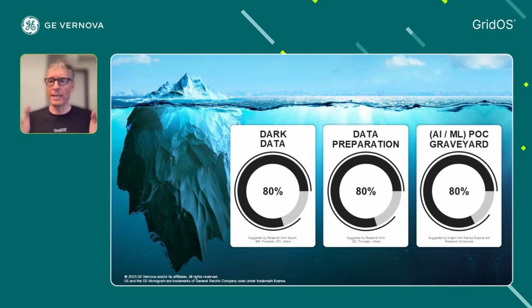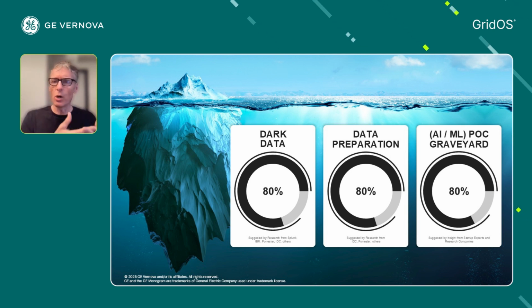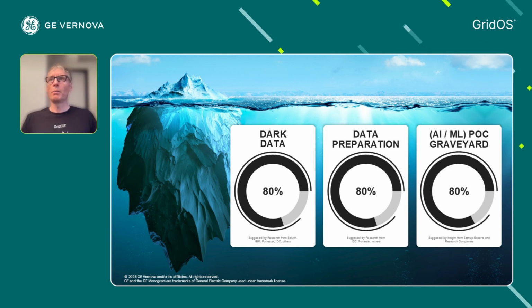That might be data you collect, but you don't understand the meaning of the data and you store it somewhere. That might be video data you have, but you never use. So dark data is in the end the data you have available, but you are not using or you are not able to use. And there is research in the market that a utility typically operates on 80% dark data.